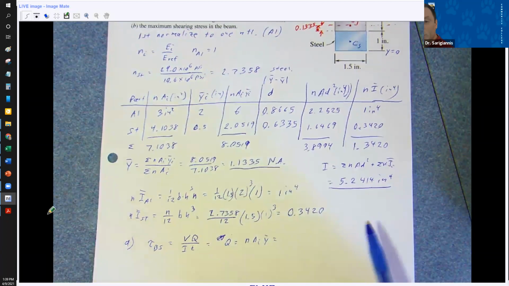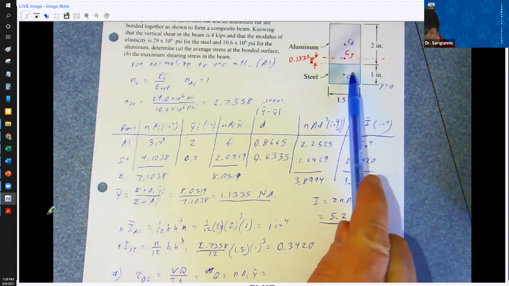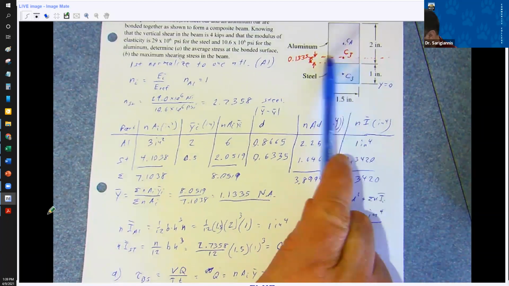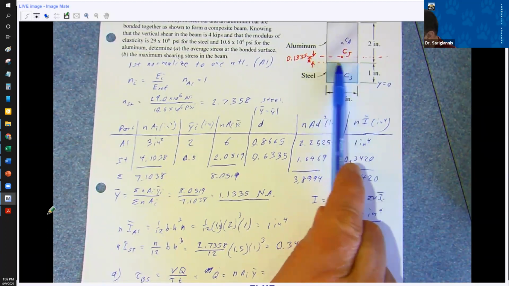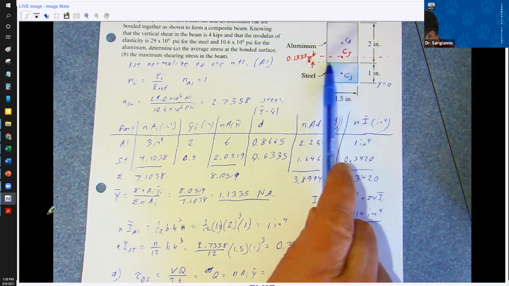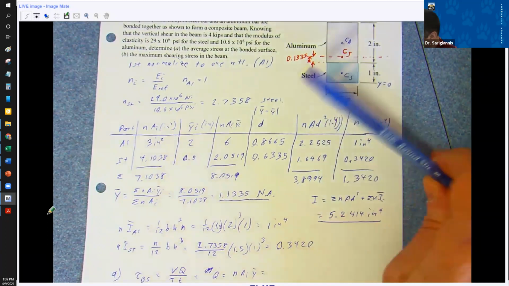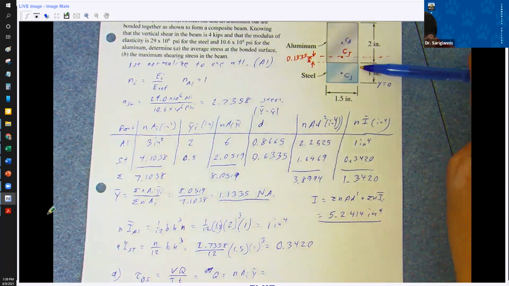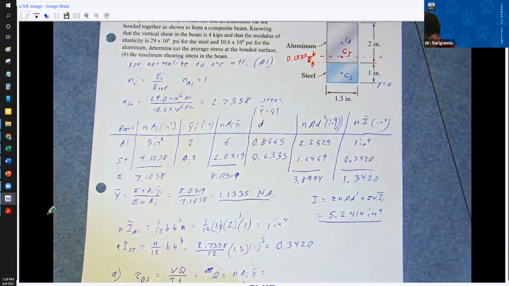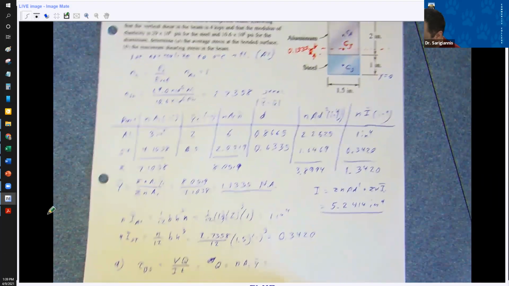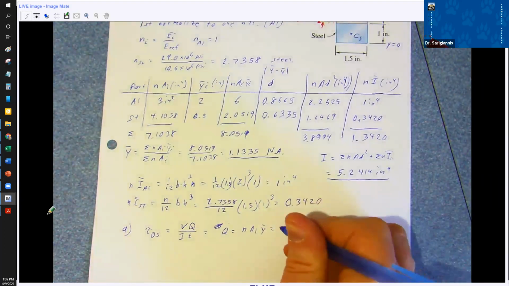So the neutral axis is right here, and we're looking at this seam. We want to know what the shear stress is in there. This is the area for Q, but we're using the N A I y bar because this is steel, so it's a little different area.